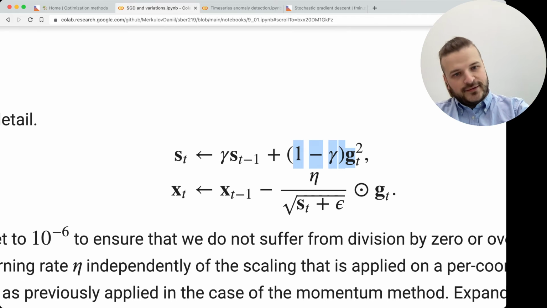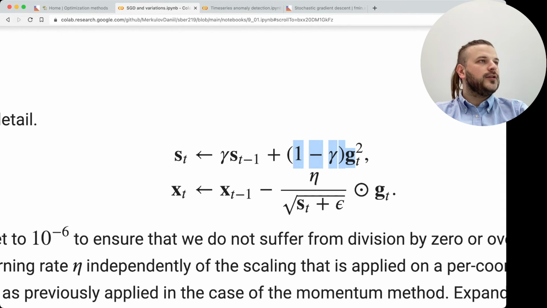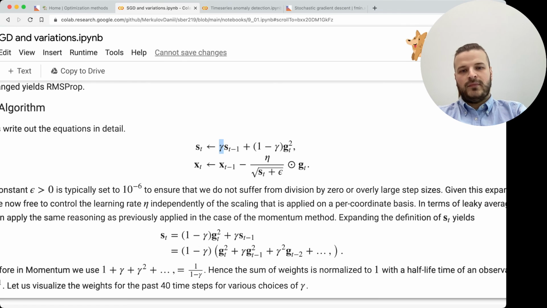We can just use multiplication of the previous value of S and the same idea for the new squared gradient here. And here, your S vector will not be always increasing. It can decrease if, for example, somewhere in your procedure there was some big gradient, but then the gradient will become smaller and the S value will also become smaller just because of this gamma multiplication here.